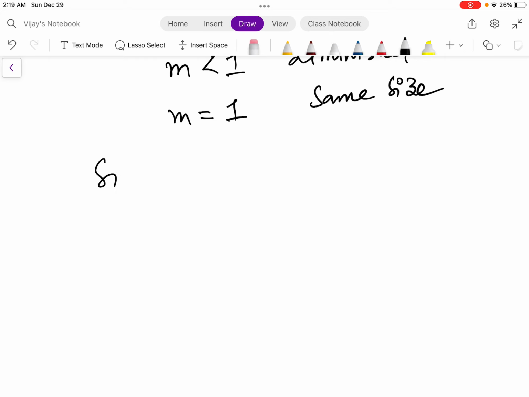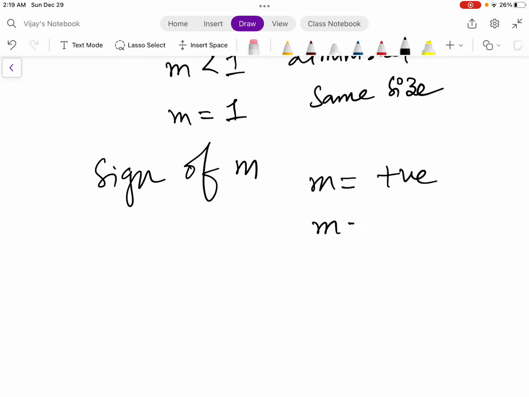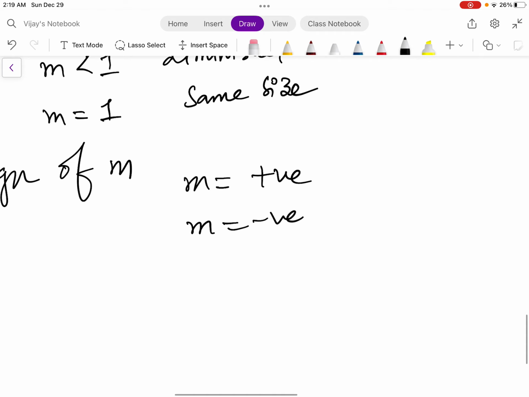But the sign of magnification will also tell some things. Sign of magnification can be positive, it can be negative. See, magnification is equal to height of image by height of object. If it is positive, that means whatever be the sign of height of image, the sign of height of object is also the same.